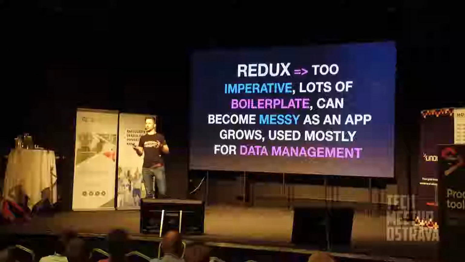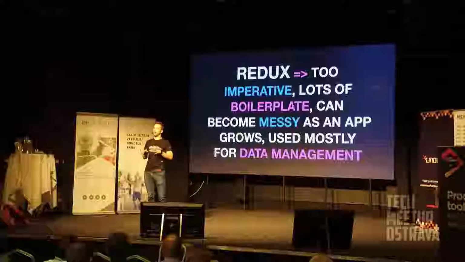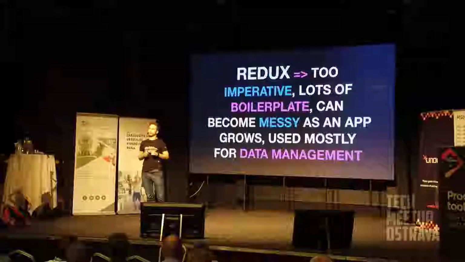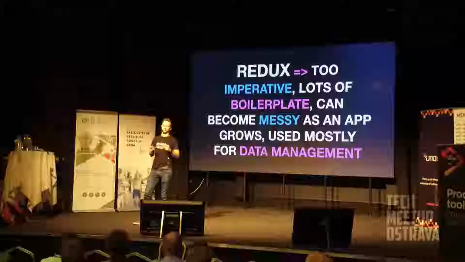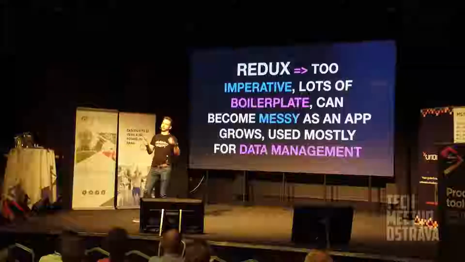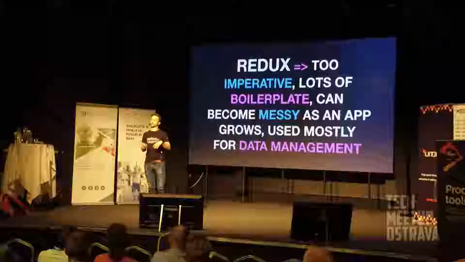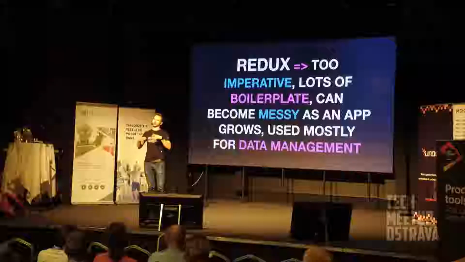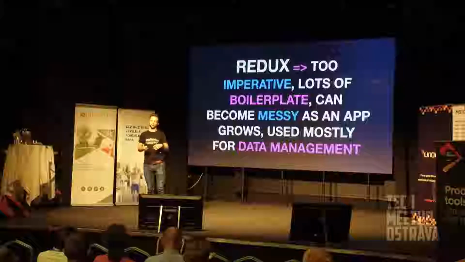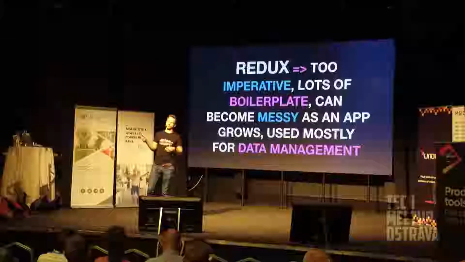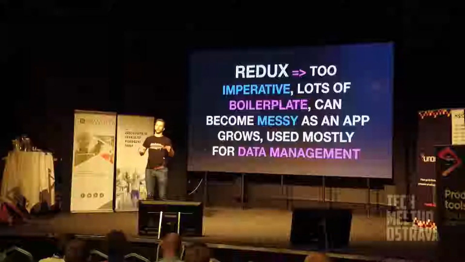So Redux is imperative, so you need to manually write all the steps of how you process the data that you get from REST endpoints, and basically create an action for notifying the UI that you started fetching, then an action to actually modify the data, an action to notify the UI that fetching is complete, then it goes to the reducer, and so on.